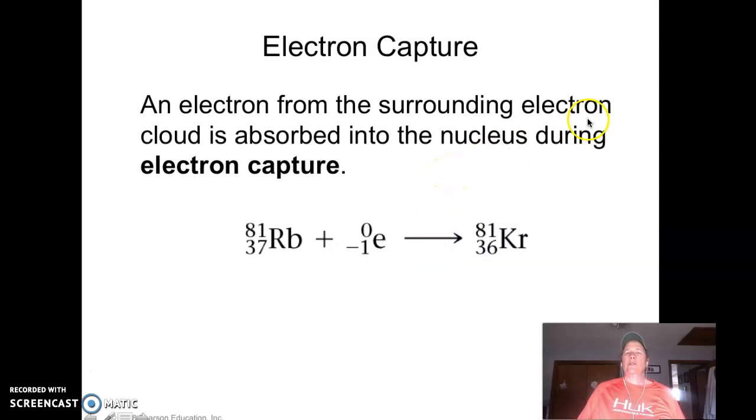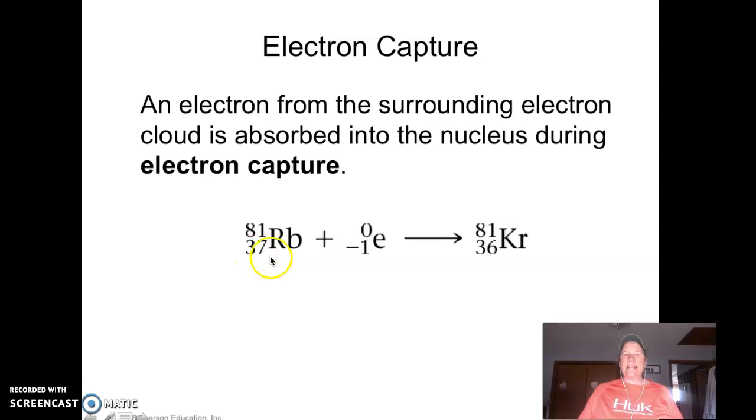An electron from the surrounding cloud is basically just absorbed into the nucleus, which is really rare, but this is radioactivity, so things are different. This wouldn't happen with an atom that's not radioactive. So again, if you look at this one, the mass stays the same.